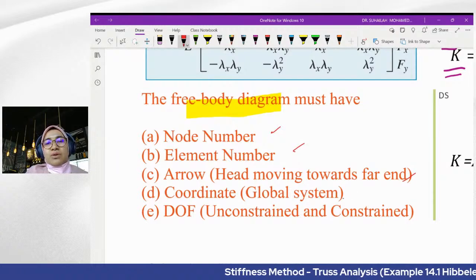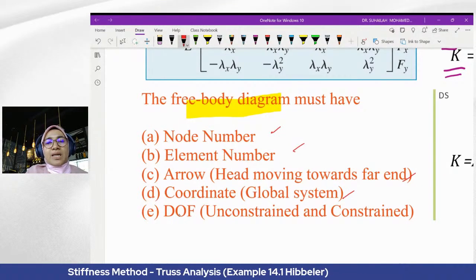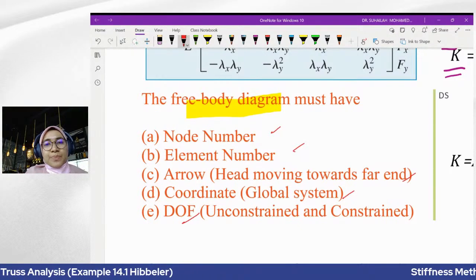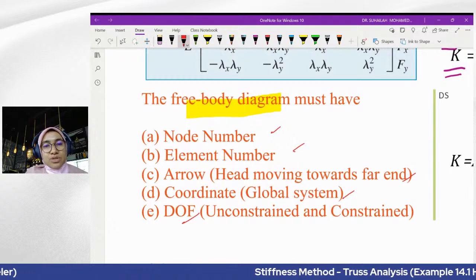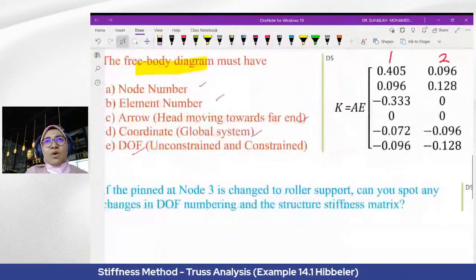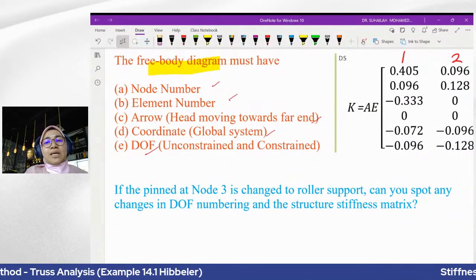We have to put the coordinates based on the global system, and finally label the degrees of freedom, from unconstrained first and then followed by constrained. So that is the answer for example 14.1 in the Hibbeler textbook.